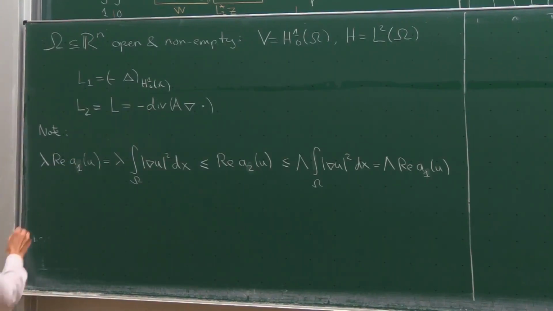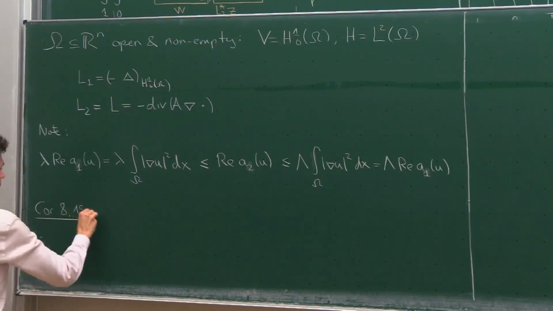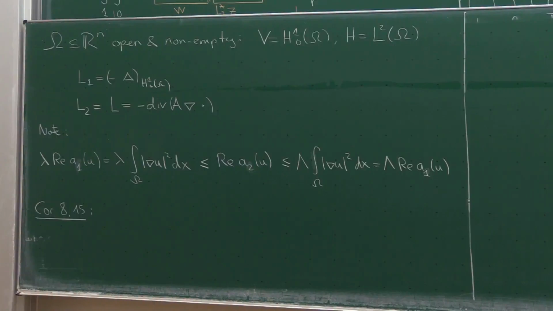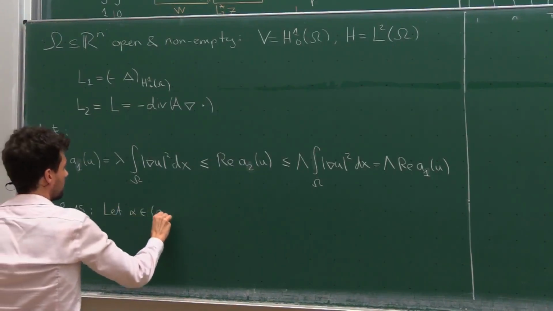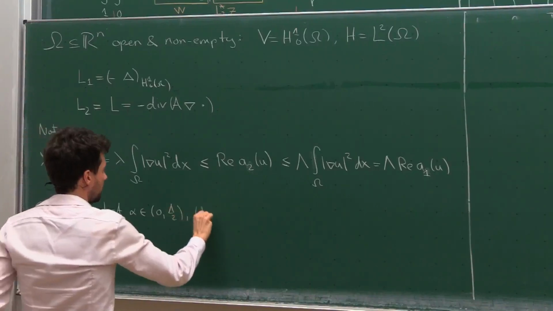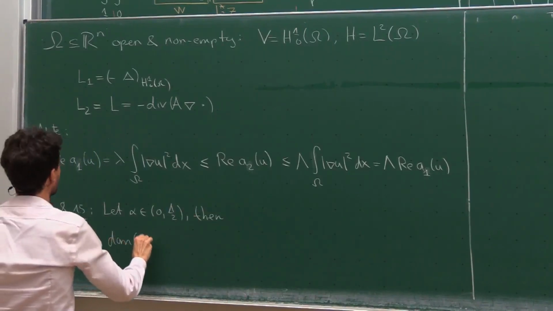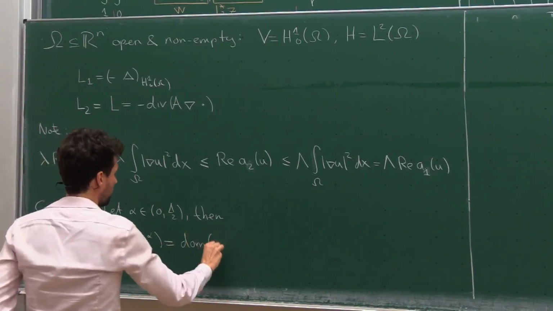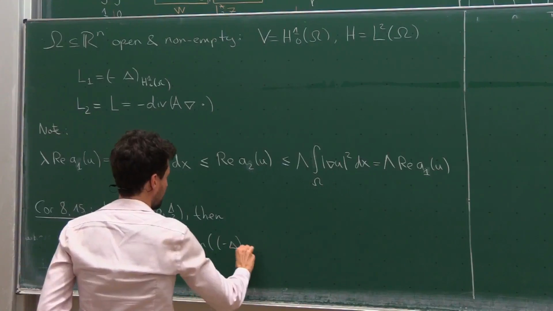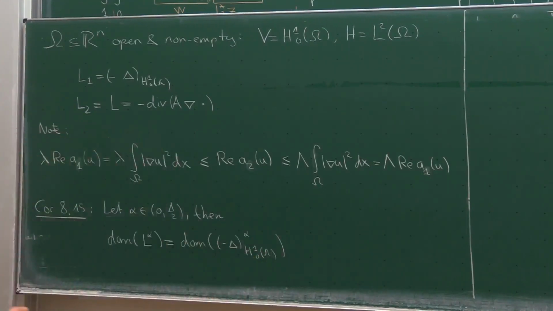Okay, so it says, therefore, as corollary 8.15, that in this situation above, if I let alpha in 0, 1/2, then the domain of L to the alpha is the same as the domain of the negative Dirichlet Laplacian to the alpha, on the same configuration in terms of geometry.